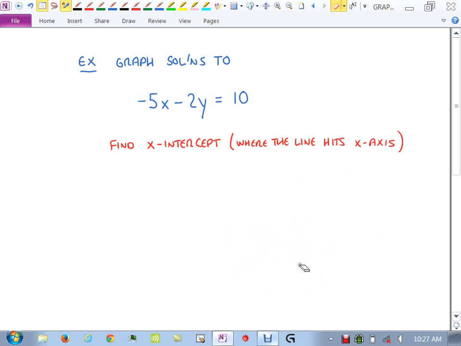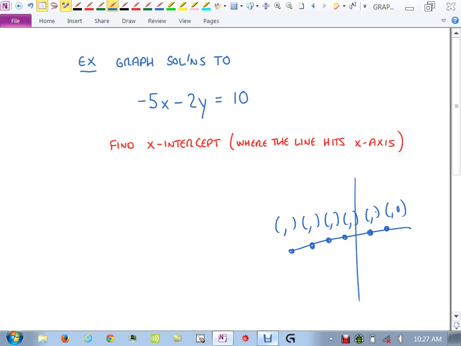So here's how I'm going to do it. Notice that when you're on the x-axis, any of these points that I just drew right here, if I were to ask you for their coordinates, the x and y, what are all the y's? 0, right? On any of those points, the y is 0. So if you're on the x-axis, your y is 0, isn't it?